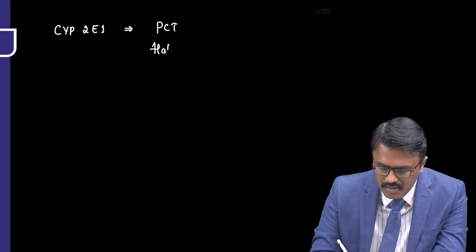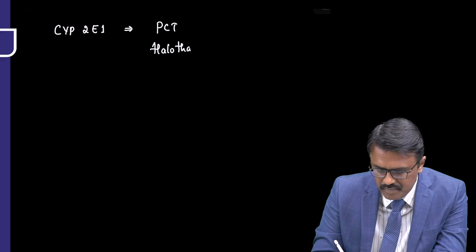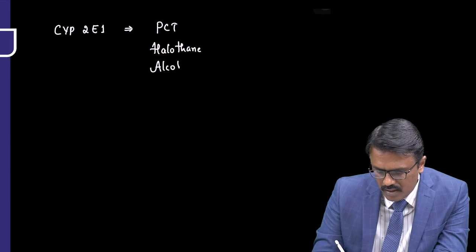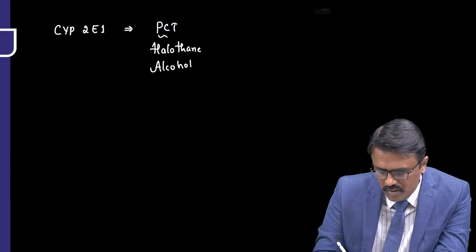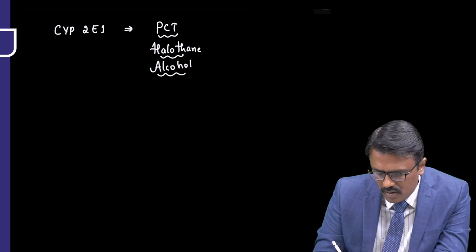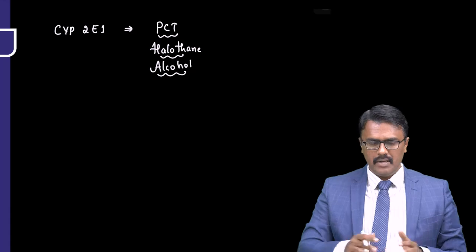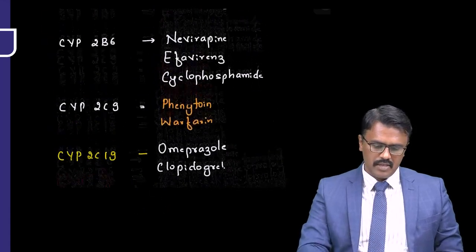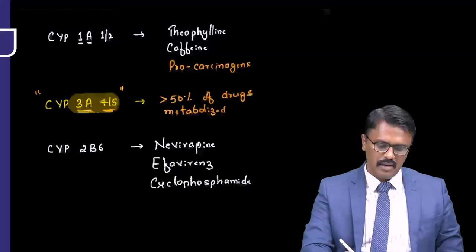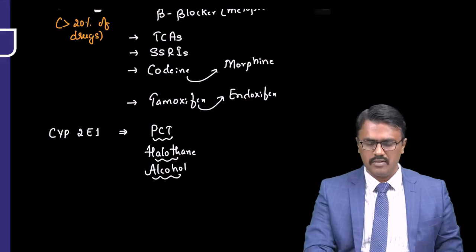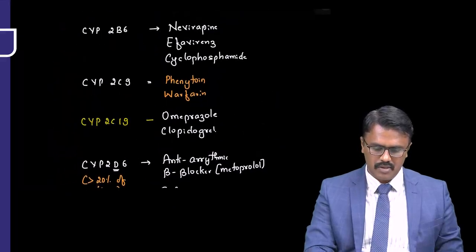Halothane can cause hepatitis. And alcohol can also cause hepatotoxicity. So paracetamol, halothane, alcohol are metabolized by cytochrome 2E1. If you observe, we have arranged them in the letters A, B, C, D, and then E, right?